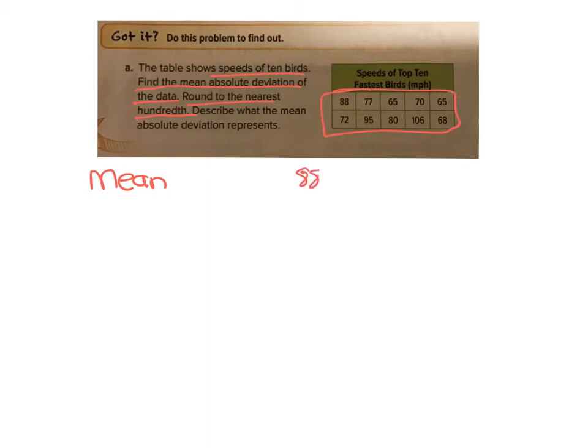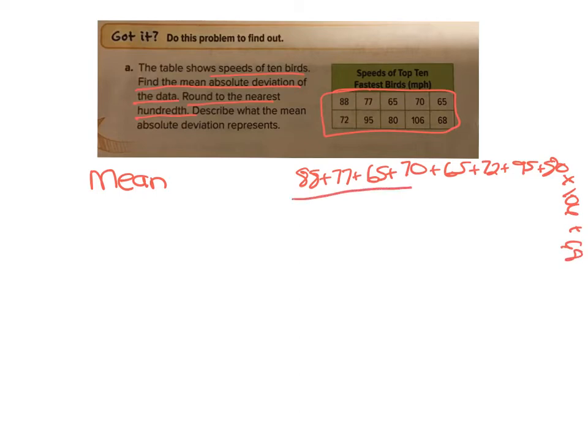So I have 88 plus 77 plus 65 plus 70 plus 65 plus 72 plus 95 plus 80. I'm going to run out of space. Plus 106 plus 68. And then when I add all those numbers up, I have to divide by the number I have. 1, 2, 3, 4, 5, 6, 7, 8, 9, 10. Divide by 10. So let's do that.